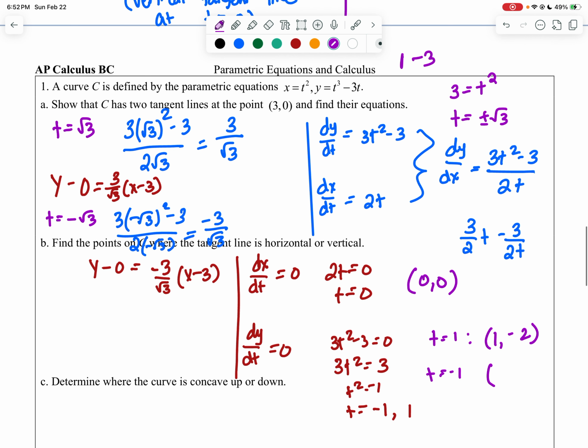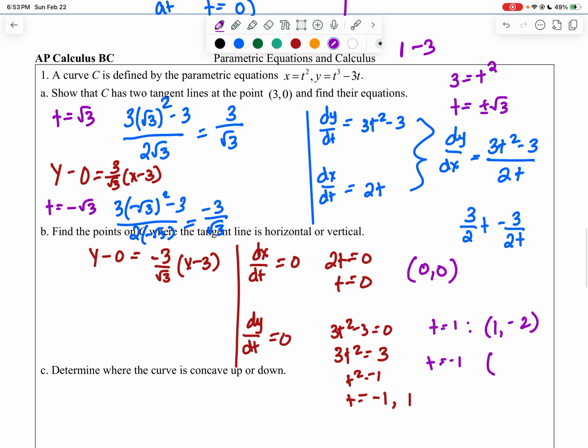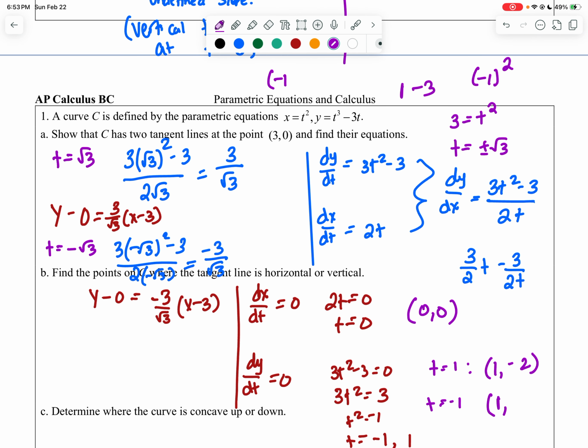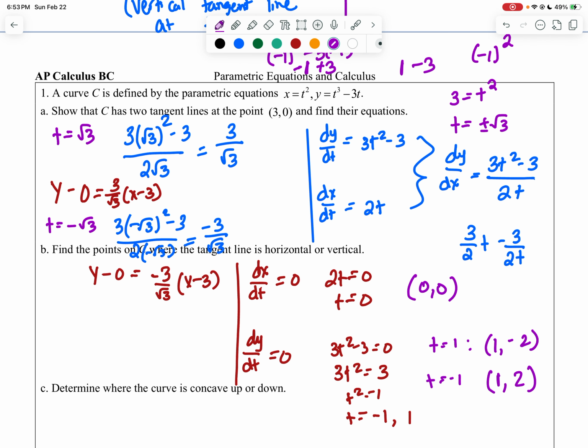If I plug in negative 1, I'm going to get, let's see, negative 1 squared, so that's going to be 1. And then negative 1 to the third, minus 3 times negative 1, that's negative 1 plus 3, which is 2. So I get (1, -2) and then (1, 2) as my horizontal tangent lines.